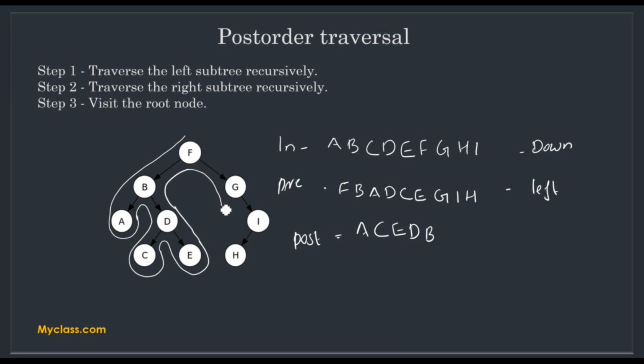Now when we reach here, H is on our right side. Now I is on our right side. Now G is on our right side. F is on our right side. So that is right. The trick is right. So that is all about the postorder, inorder and preorder recursive traversal of a binary tree. Hope it is clear now.